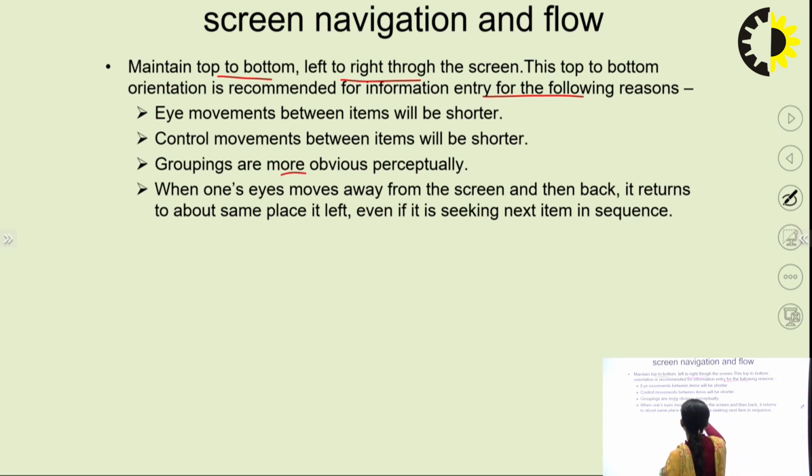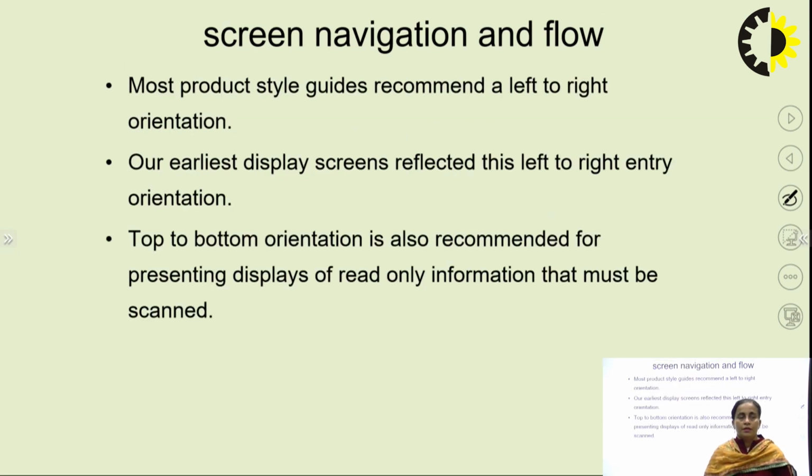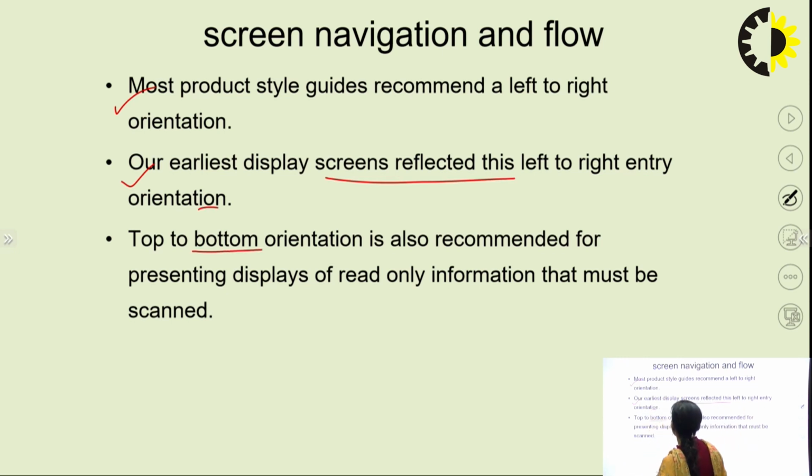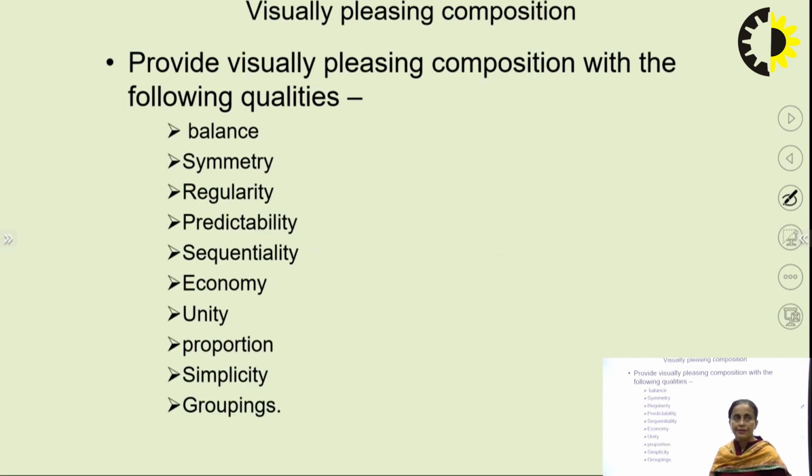When one's eye moves away from the screen and then back, it returns to about the same place it was left. Most product style guides recommend a left to right orientation. Our earliest display screens reflected this left to right entry orientation, and top to bottom orientation is also recommended for presenting the display of read only information that should be scanned.